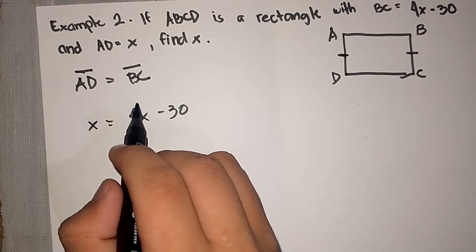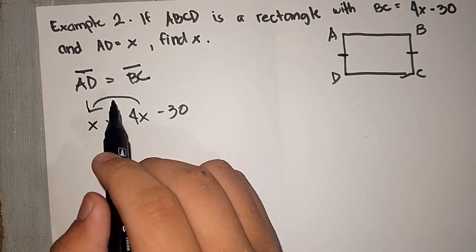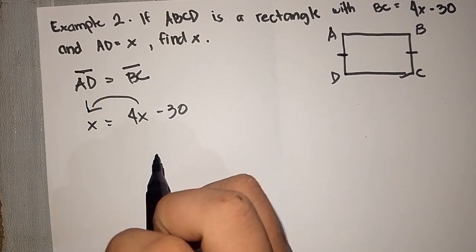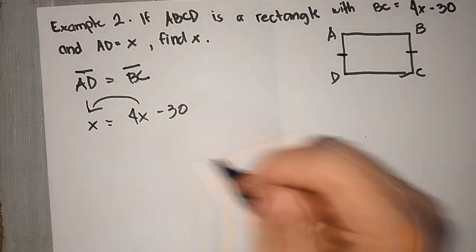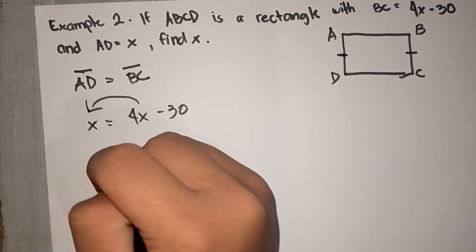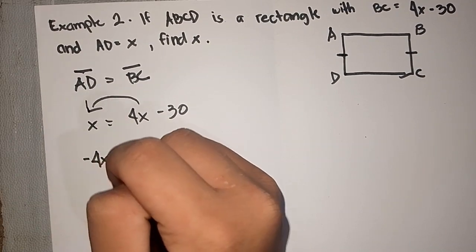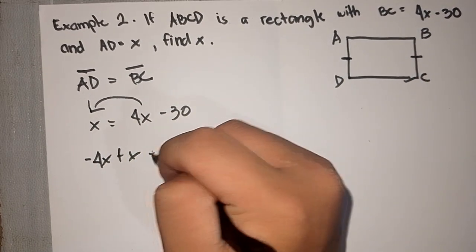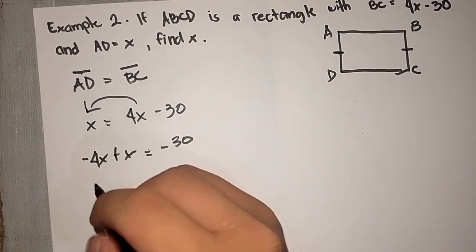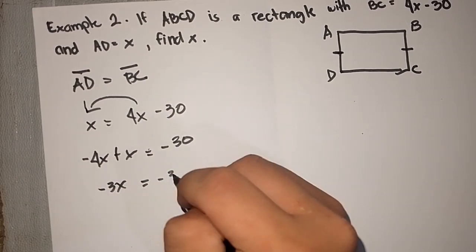Then we transpose: negative 4x plus x is equal to negative 30, and negative 3x is equal to negative 30.